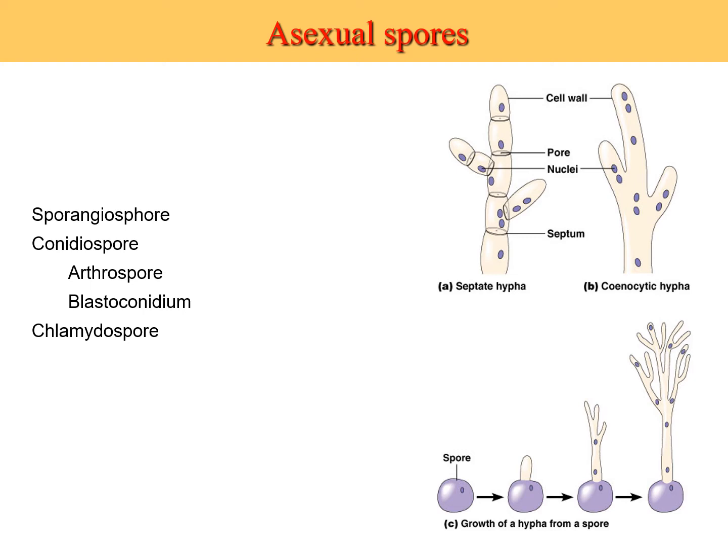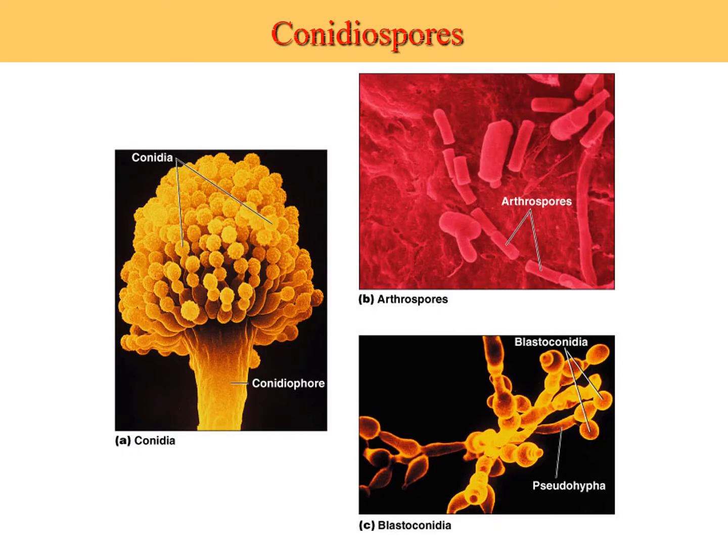And here are some examples, none of which you have to know because it's in black ink as opposed to red ink. Just know that there are many different groups, typically identified by the structure that holds the spores. And here you see some examples of that. So let's move on.